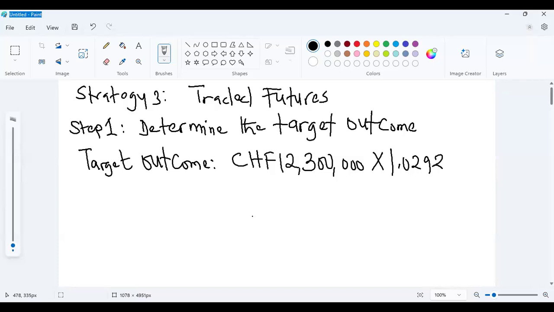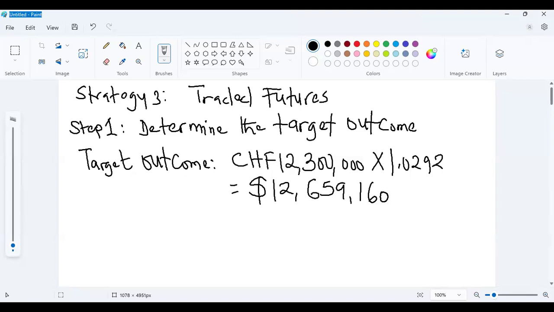This will give you the target outcome. Please multiply. 12,659,160 in dollars. These are our target outcome.